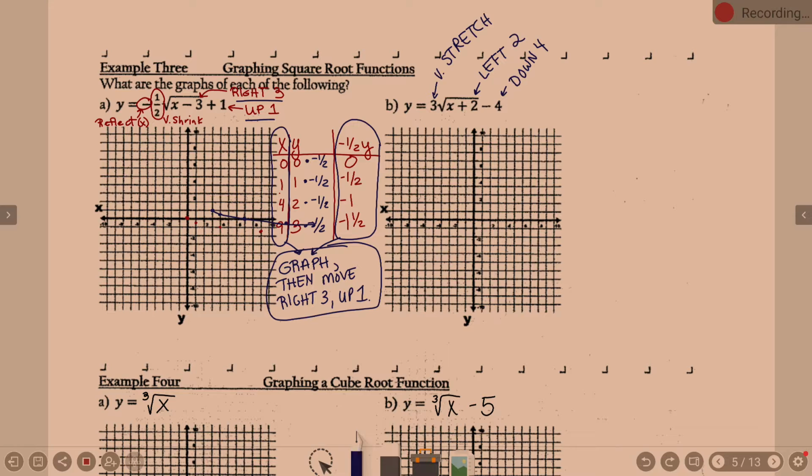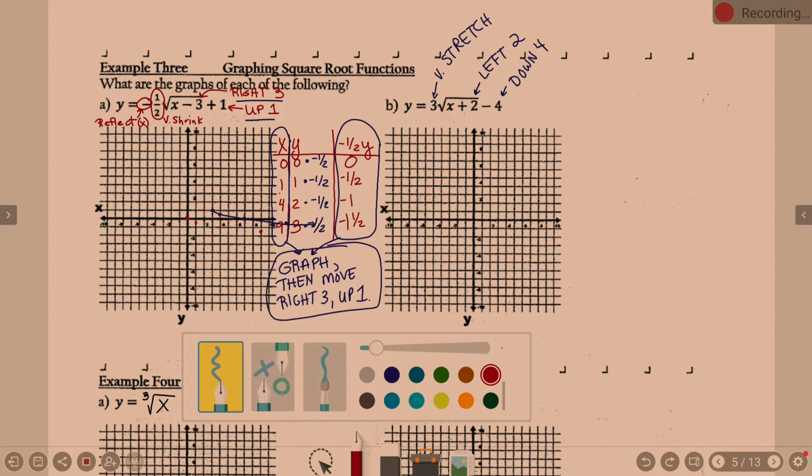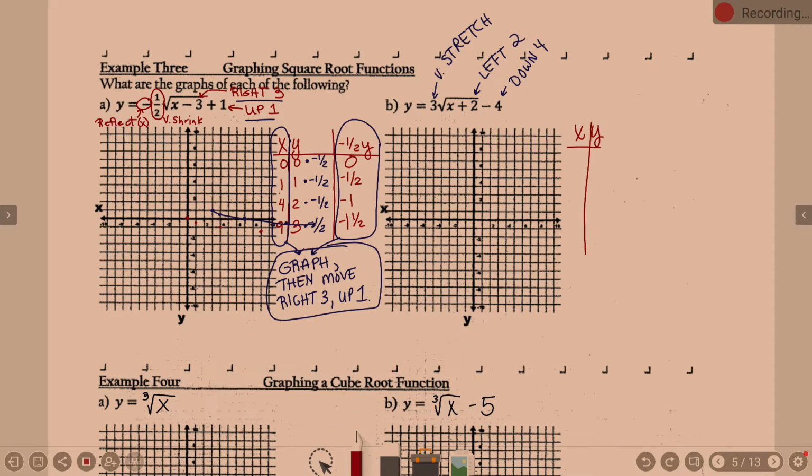When we come in tomorrow, we will be working with our original x, y ordered pairs: 0, 0, 1, 1, 4, 2, 9, 3. I at least have one person that has them memorized. So we'll take those values, multiply for our stretch of 3, and then we will move them.